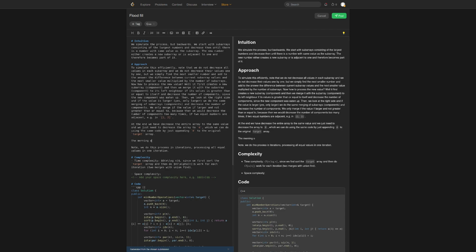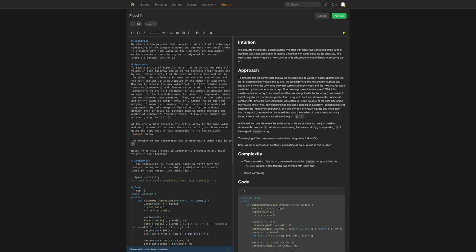The merging of the components can be done using union find in alpha n per find slash merge query.